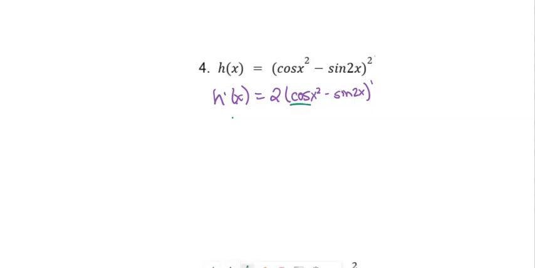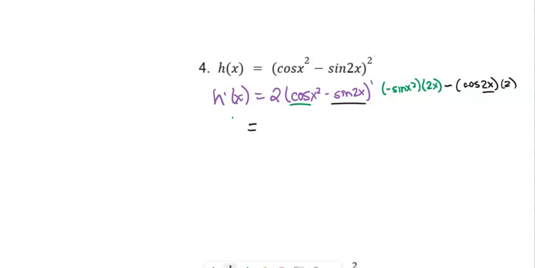So the derivative of this first thing is negative sine x squared. And the derivative of x squared is 2x. The derivative of the second part is, the derivative of sine is cos 2x, and the derivative of 2x is 2.